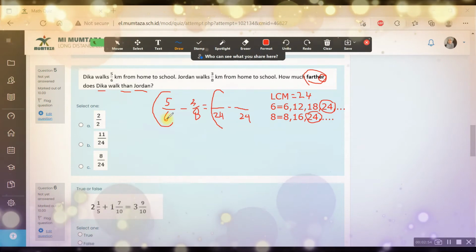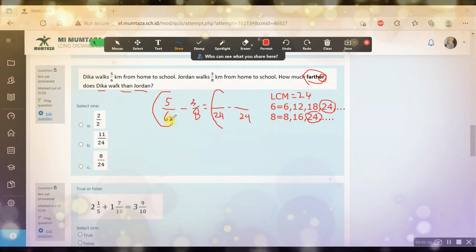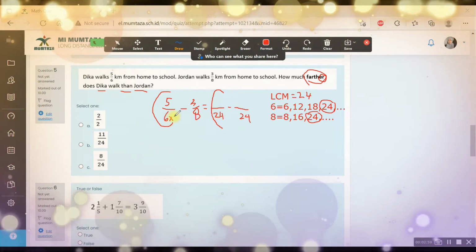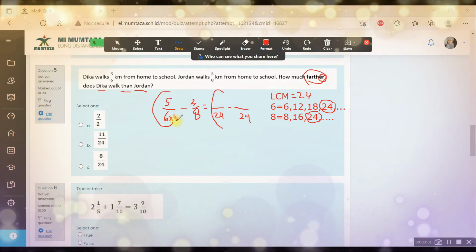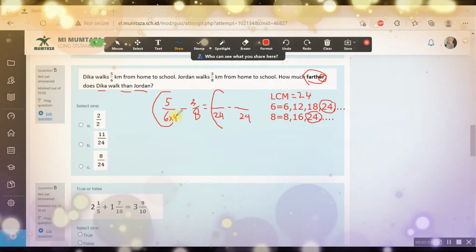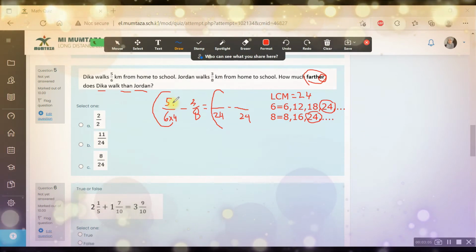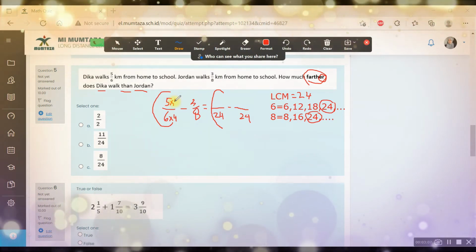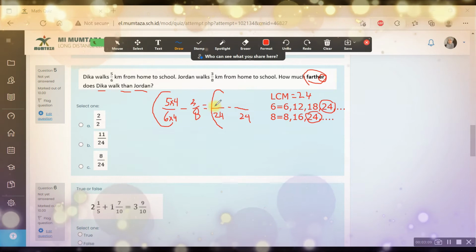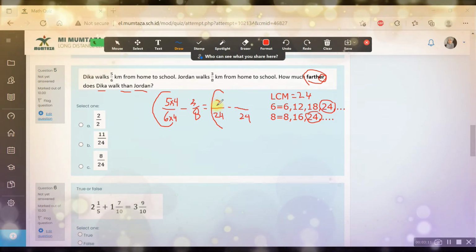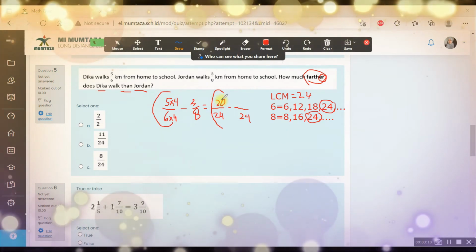Now look at the bottom. 6 times something becomes 24. 6 times 4. Because the bottom is times 4, the top is times 4. 5 times 4 becomes 20. So we put number 20 here.